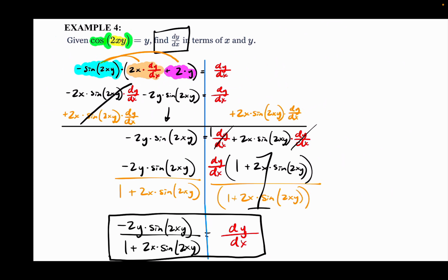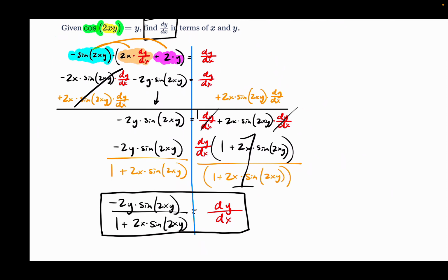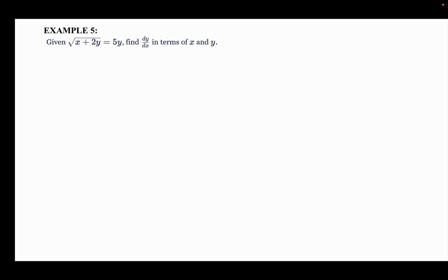All right. We'll do one more, maybe two if we have time, but we'll shoot for one more. So number 5. Same thing. This one just has a root attached. Well, we've done derivatives of roots many, many times.